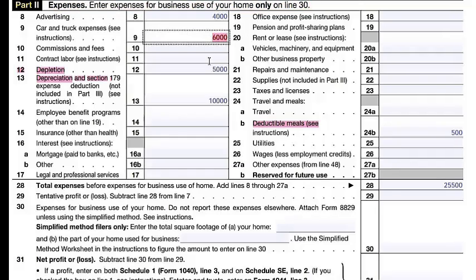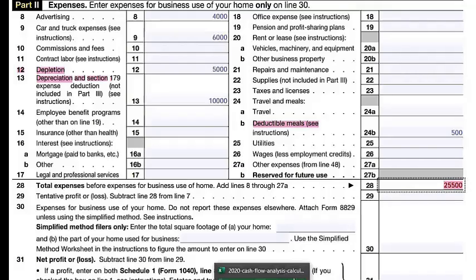The total expenses given at line number 28 are 25,500. Let's assume these are the total expenses.